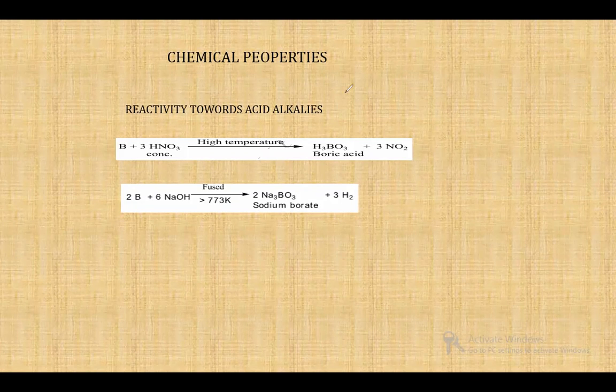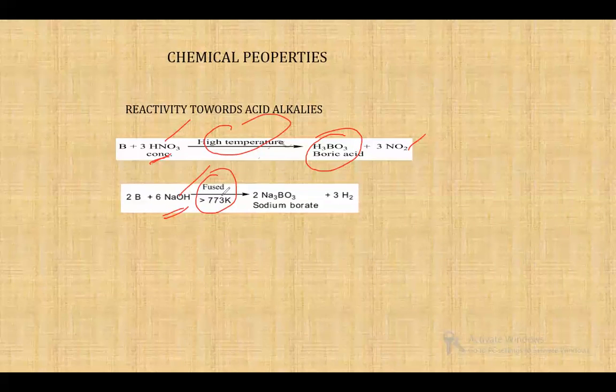At high temperature, boron reacts with acid as well as base. HNO3 gives boric acid, H3BO3, and nitrogen dioxide NO2. Similarly, it reacts with alkalis like sodium hydroxide to form sodium borate, Na3BO3, with the liberation of hydrogen gas.